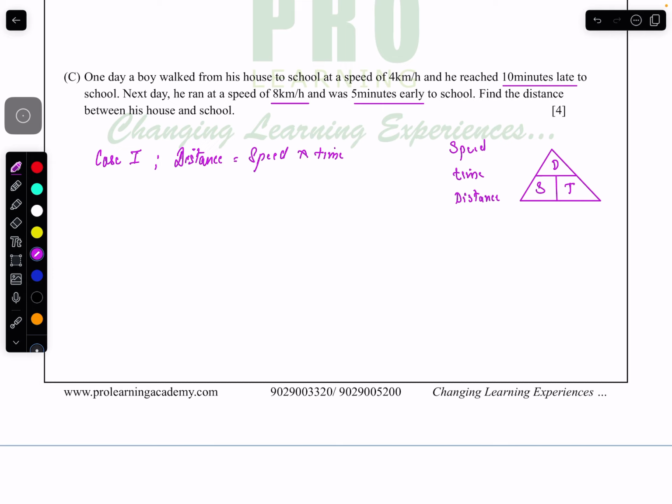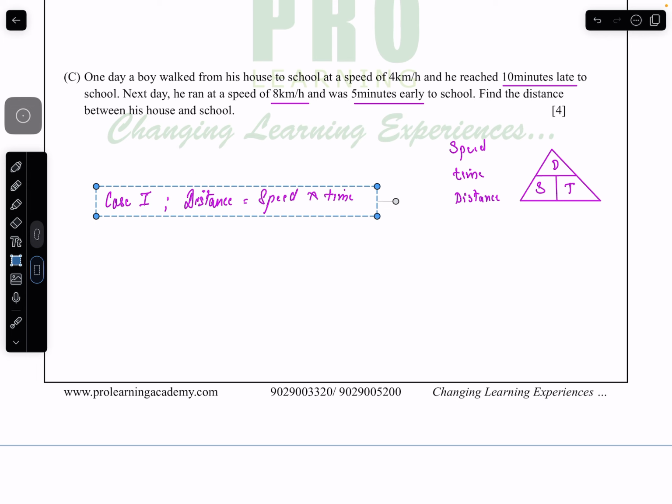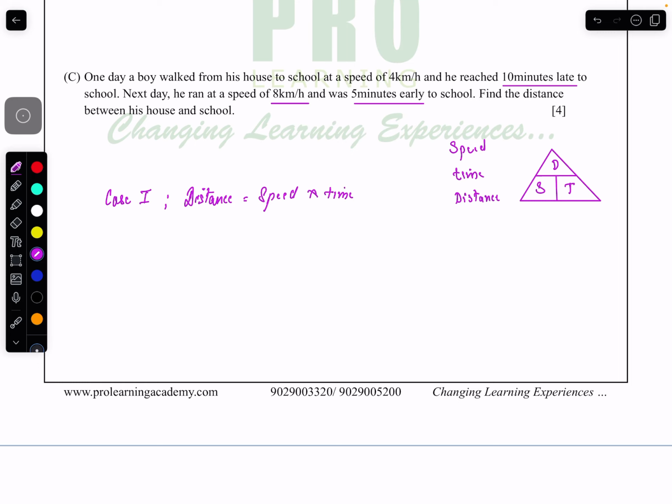So here the crucial bit is that there is a variation: one is increased, the other is decreased. So what we want to maintain is, let the actual time be x minutes.